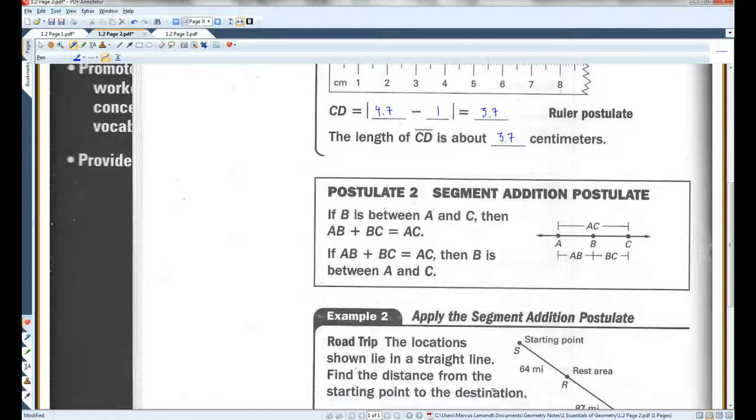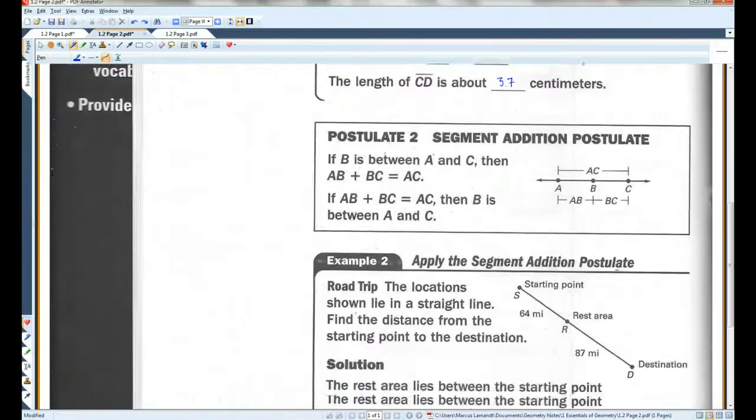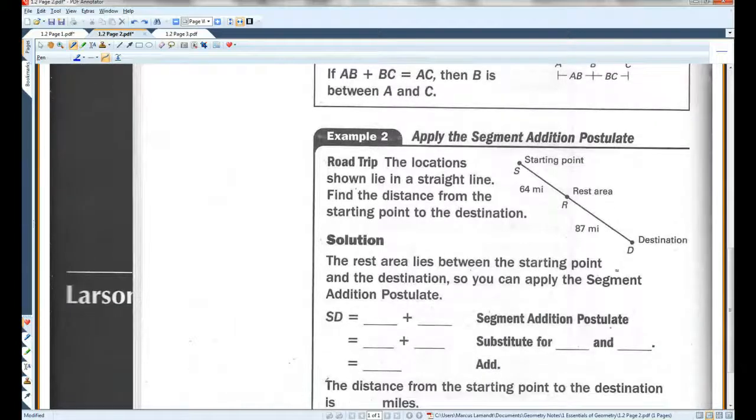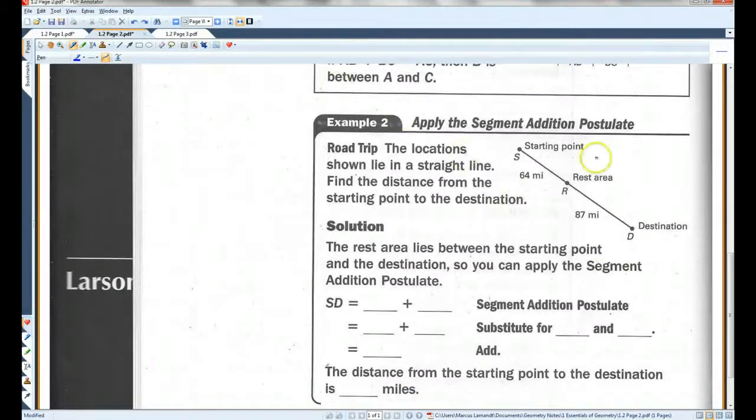Postulate 2, the segment addition postulate. This is actually a postulate we will be using a lot. It says that if you have 3 points like this, and let's say that this segment was 3 inches and this segment was 2 inches, you could add those two segments together and say the whole thing is 5 inches. So, for example, the location shown is a straight line.